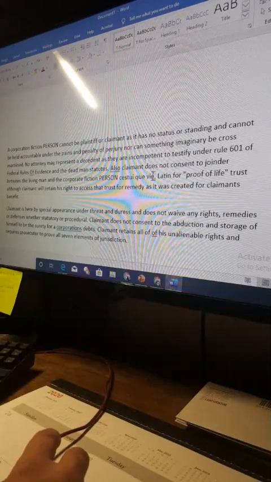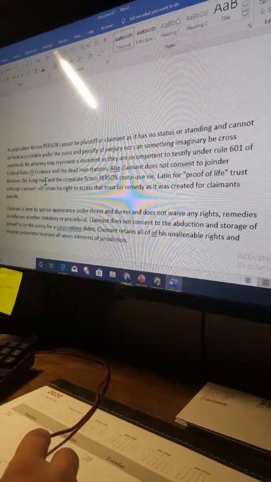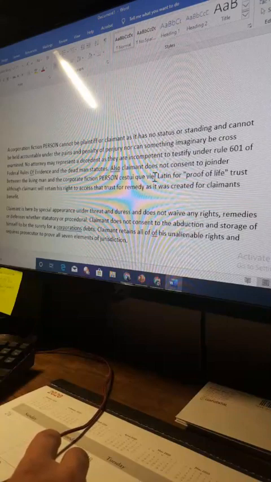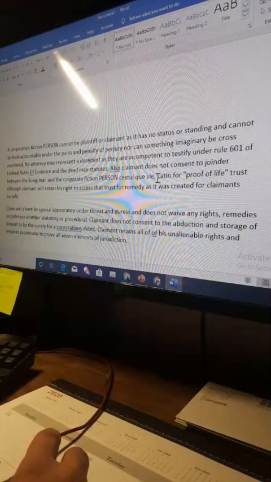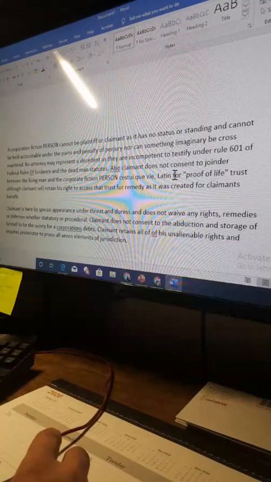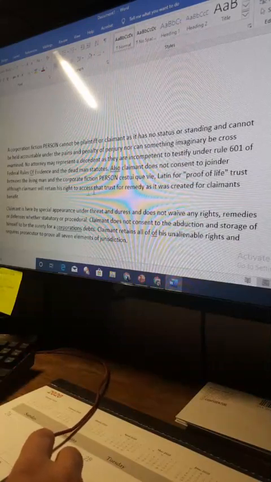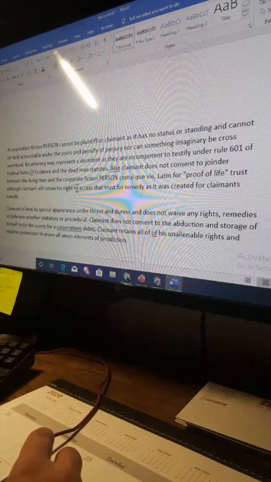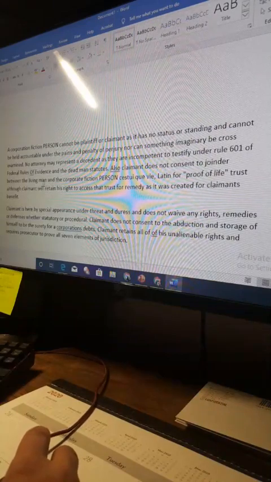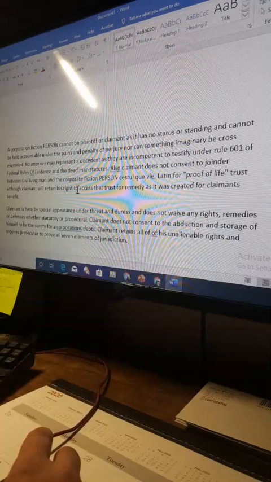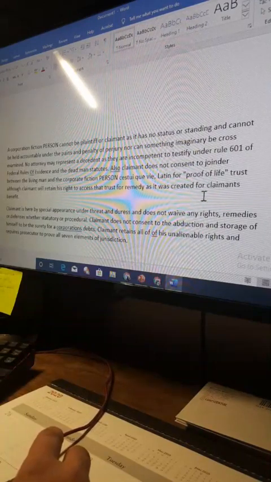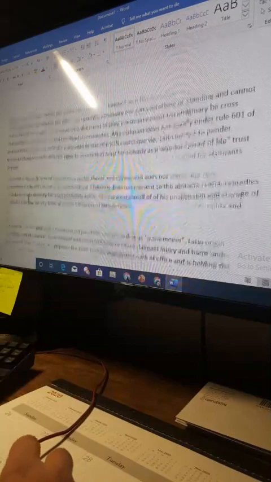Also, claimant does not consent to joinder between the living man and the corporate fiction person, the Sestui Que Vie Trust, Latin for proof of life. Although claimant will retain his right to access that trust for remedy, as it was created for claimant's benefit.